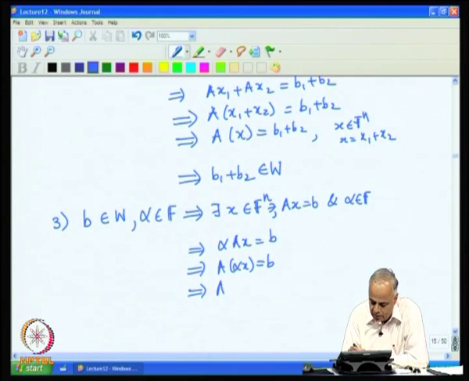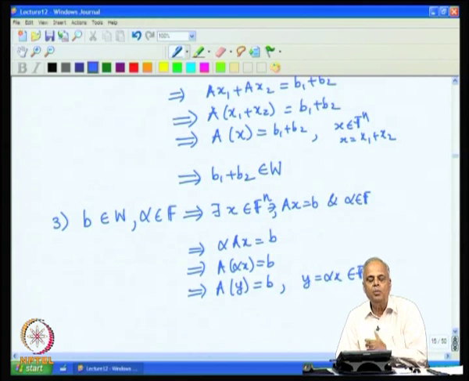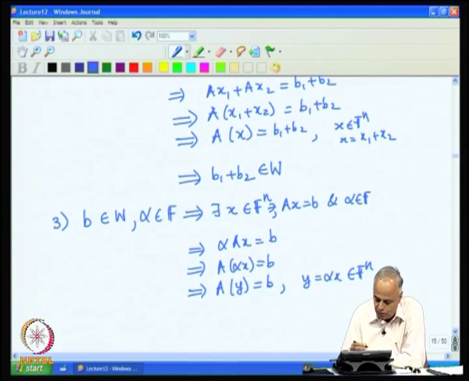Let us call it some y, Ay equal to B, y equal to alpha x belongs to Fn, which means the system Ax equal to B also has a solution, namely the solution y.